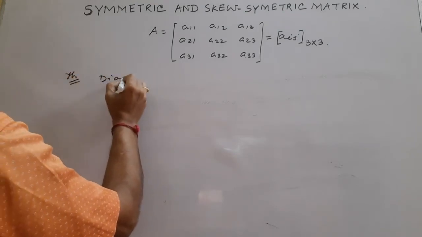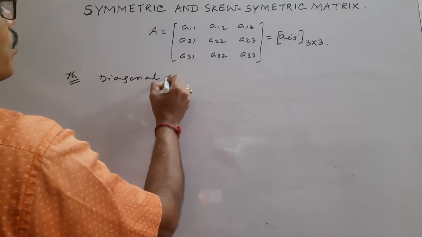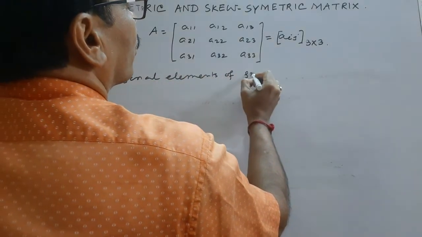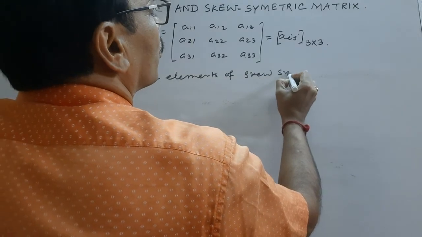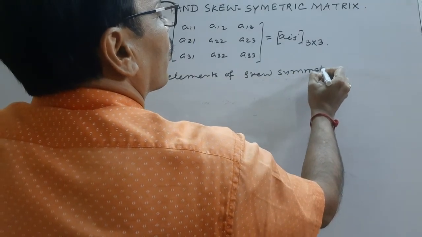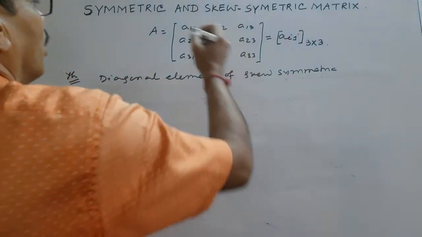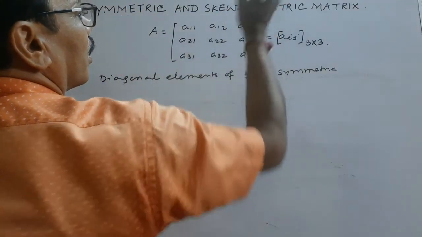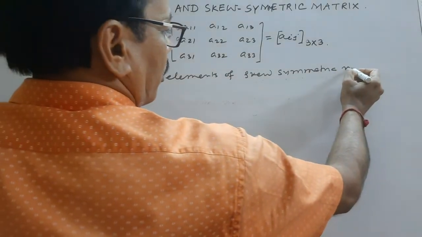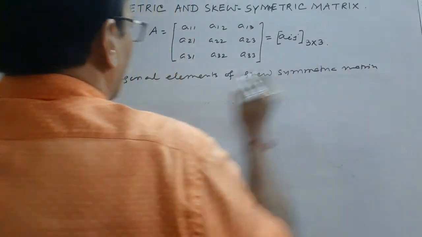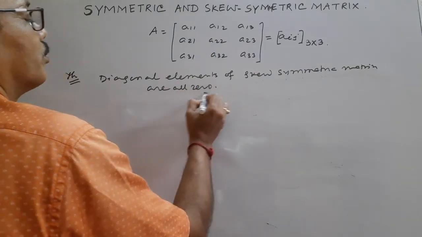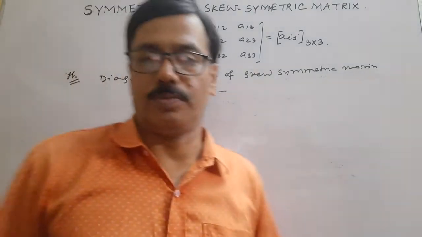The diagonal elements of a skew symmetric matrix are all 0.